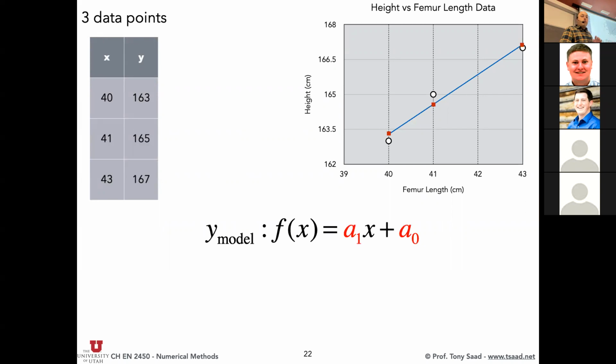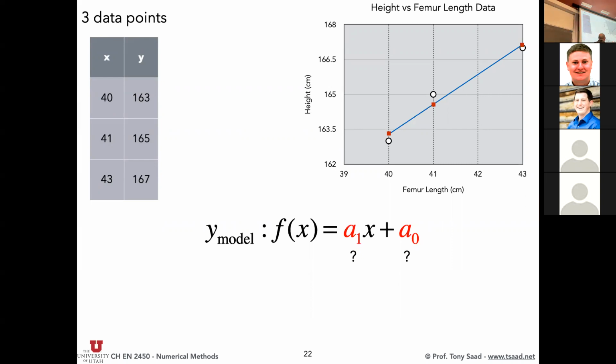So let's work through this together. What I'm showing up there, in these white disks with the black line around them, are the original data points that are given to us. Okay, these are the input data. And the curve in blue with the red squares is my model curve. It's not exactly where it's supposed to be, but it's a straight line drawn across those data. Okay, and our objective is to find a1 and a0.